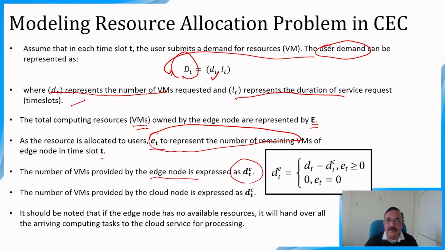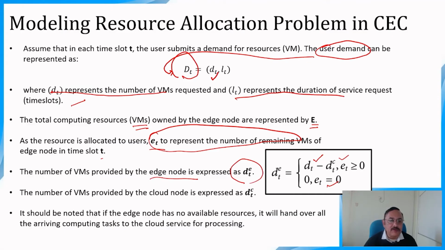That is nothing but the requested d_t minus what is being provided by the cloud; the remaining will be met out of the edge, that is d_t^E. And if the edge is not providing, that is E_t is 0, the remaining virtual machines at the edge at time t is 0, then the demand is not met, that is the virtual machines will not be allocated from the edge.